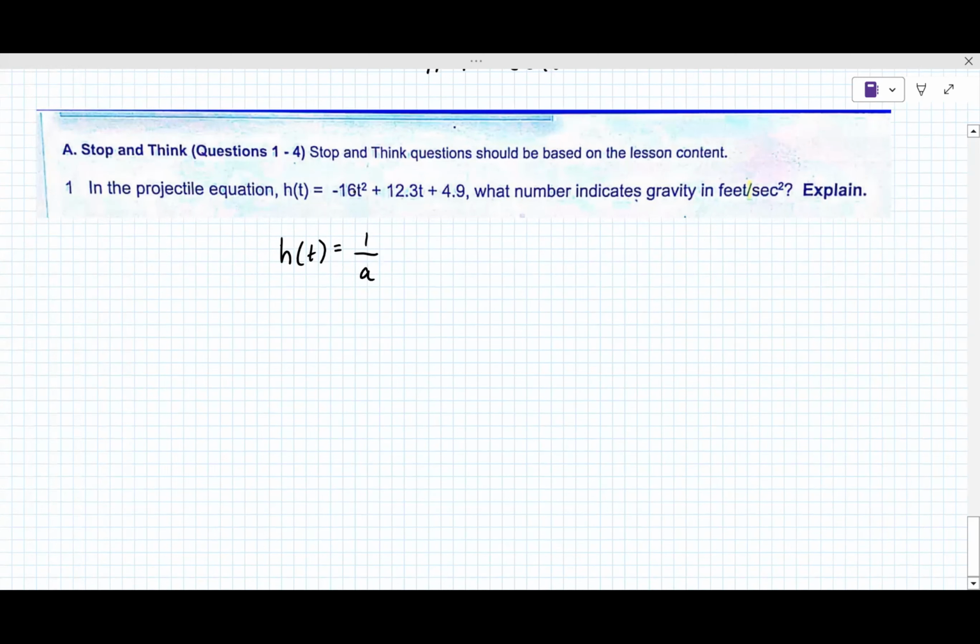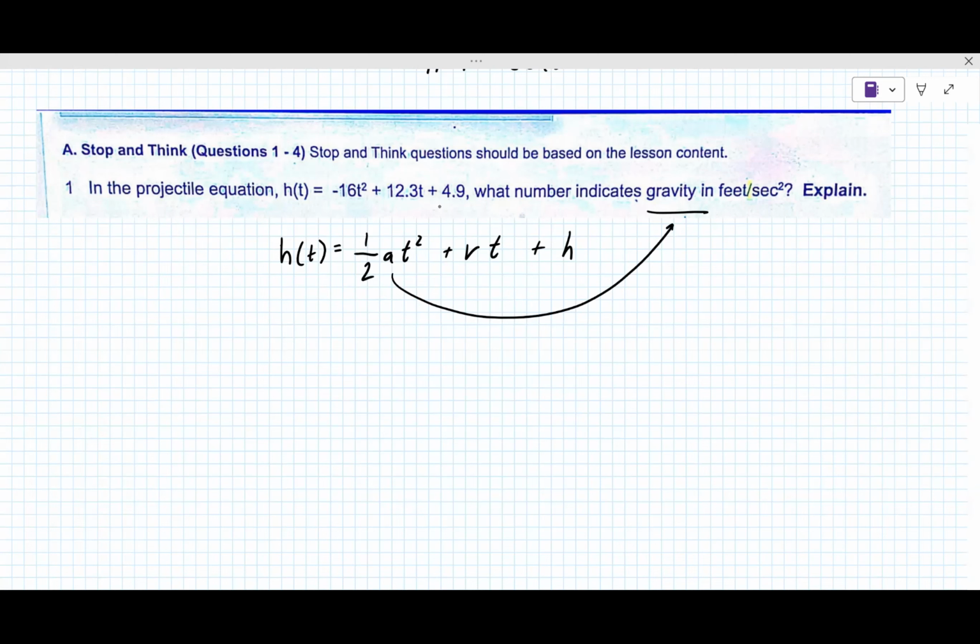Oops, that's all wrong. 1/2 at squared plus vt plus what's called h. And this is a simplification. There's some other equations here for it. The acceleration is the acceleration due to gravity in this problem. So what they're trying to tell you here is that the minus 16 is the part that refers to gravity, but that's kind of not correct.